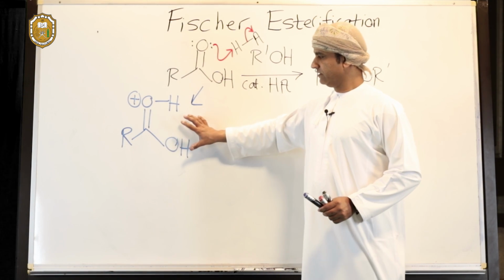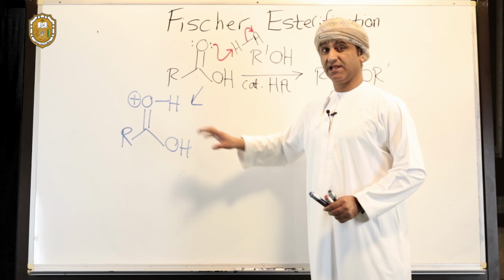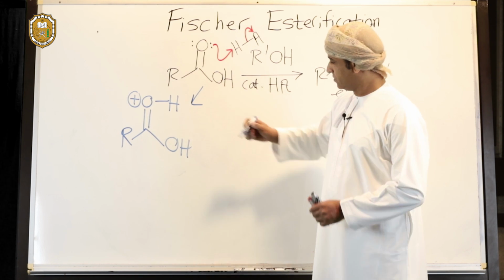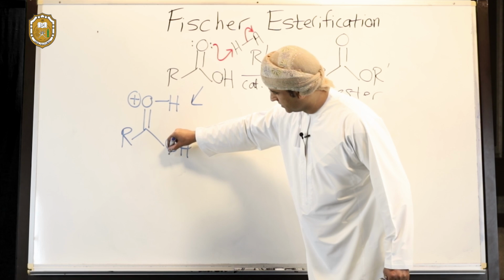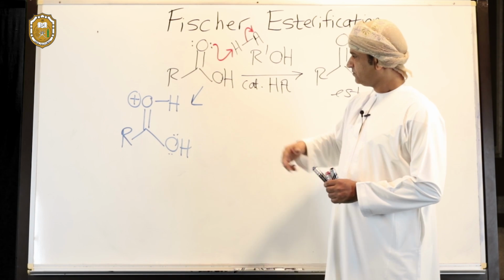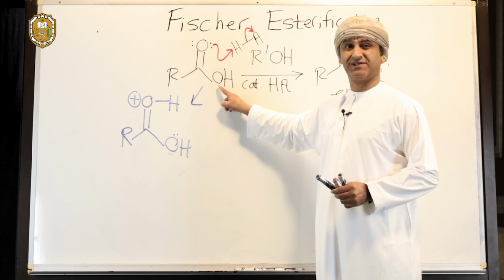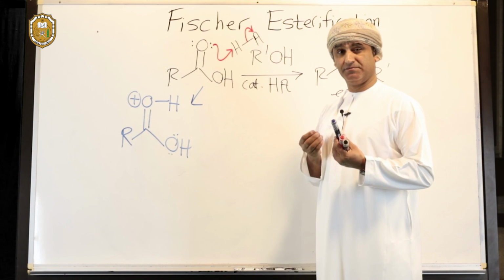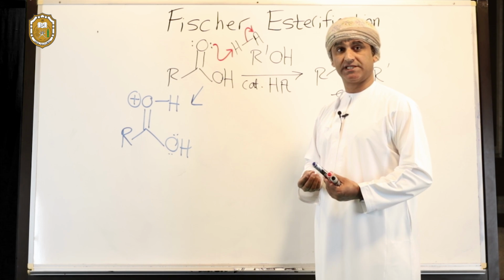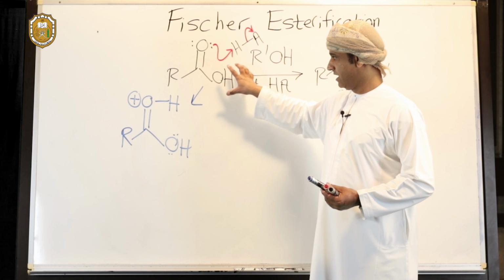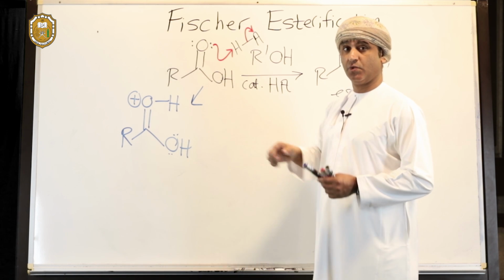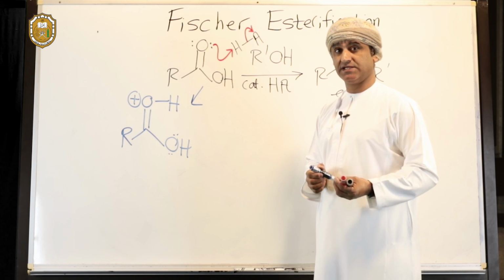Now, we can clearly stabilize this by resonance using one of the lone pairs on this oxygen. If this oxygen, for example, gets protonated, the corresponding conjugate acid, which results after protonation of this oxygen, would not be stabilized by resonance.